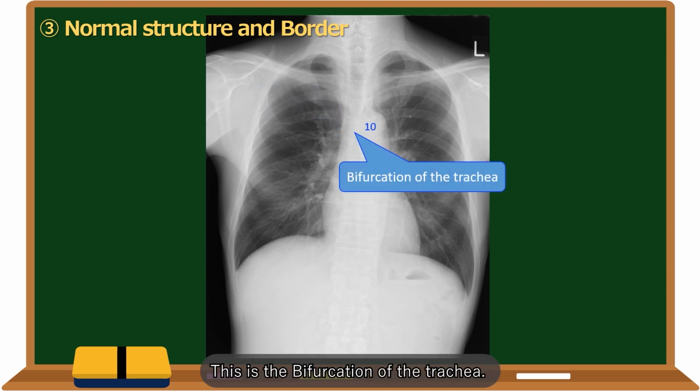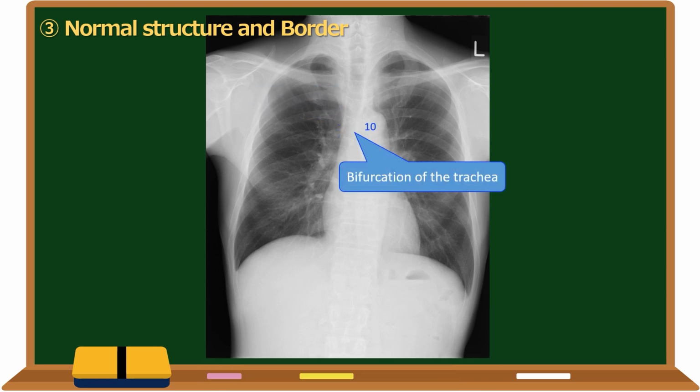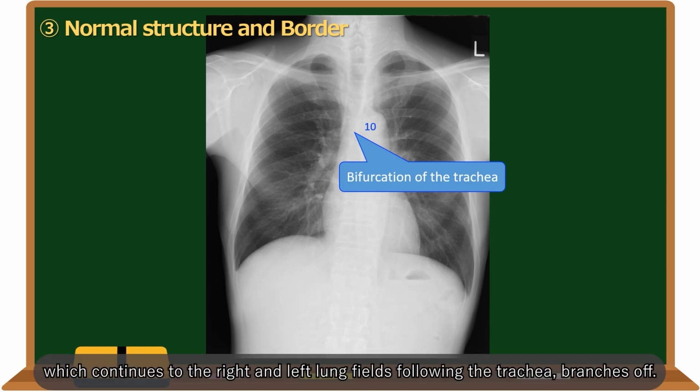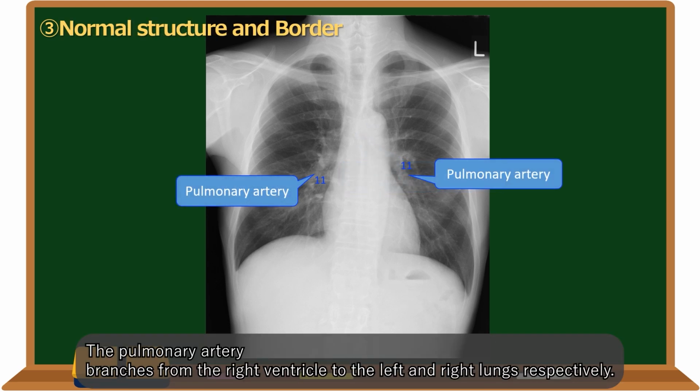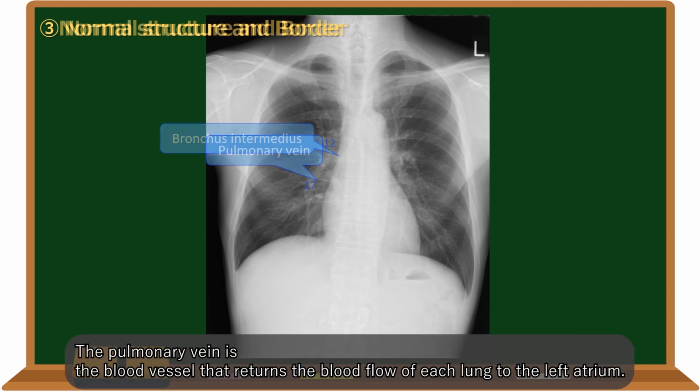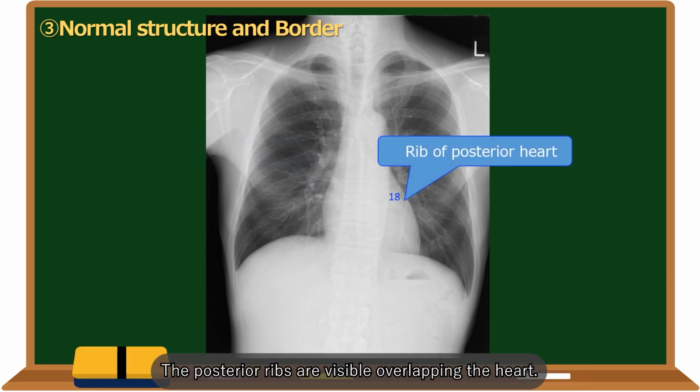This is the bifurcation of the trachea. It is the place where the main bronchus, which continues to the right and left lung field following the trachea, branches off. The pulmonary artery branches from the right ventricle to the left and right lungs respectively. The bronchus intermedius generally only exists in the right lung. The pulmonary vein is the blood vessel that returns the blood flow of each lung to the left atrium. The posterior ribs are visible overlapping the heart.